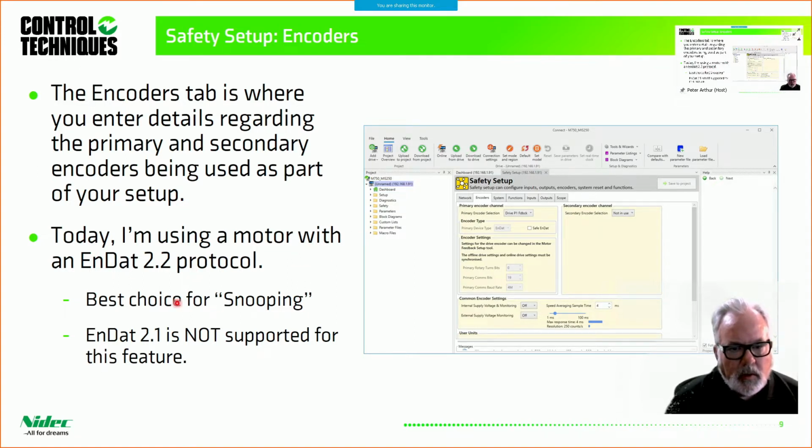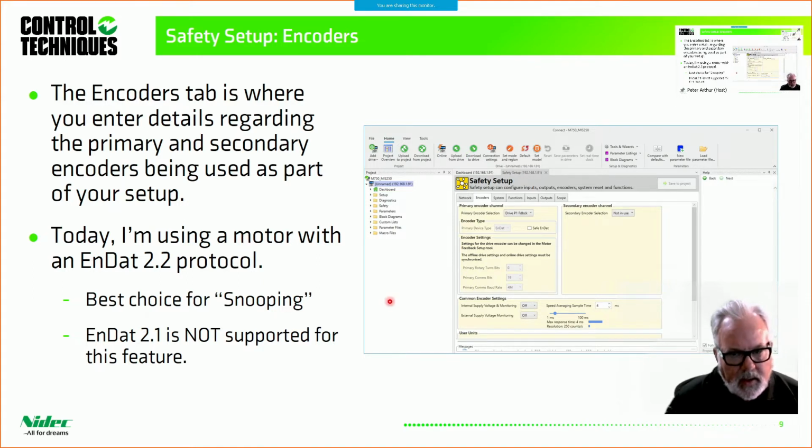I can do what's called snooping. So the safety setup here is going to be able to read the speed and position of my primary encoder because of the fact that it's an NDAT 2.2 protocol. NDAT 2.1 is not supported for this feature.